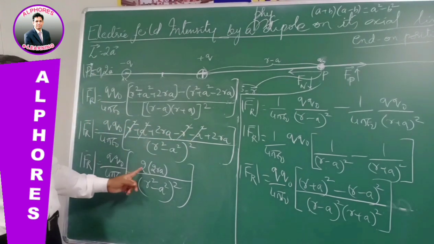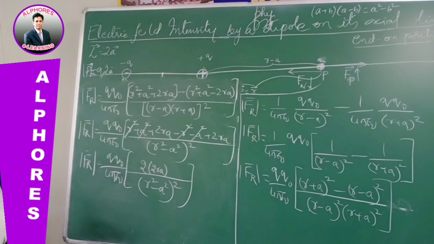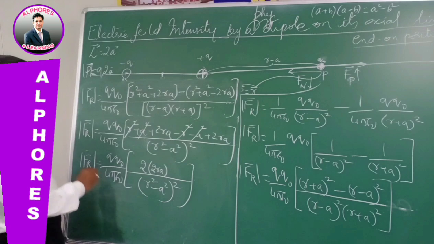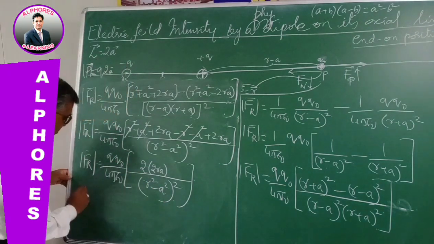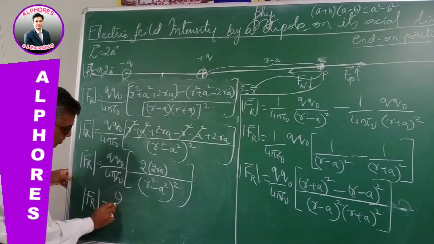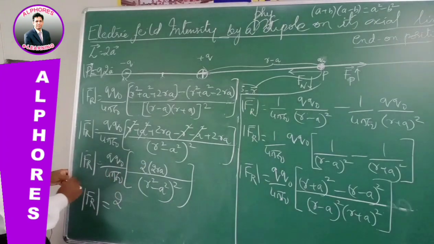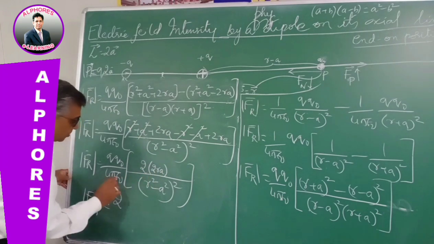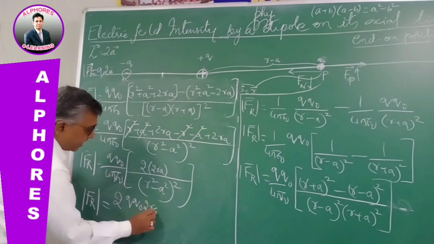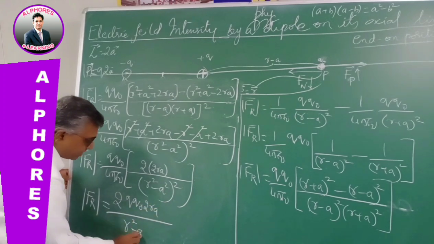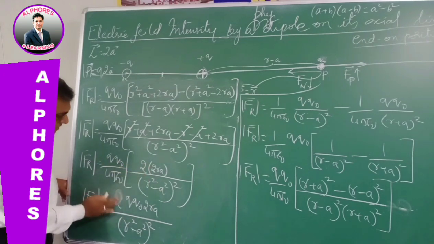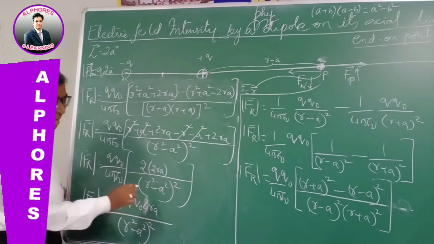So therefore, putting all the things together, the magnitude of the resultant force is 2 times q naught into 2ra by r square minus a square whole square. Or let me write it as 2 times 2, it is 4ra.